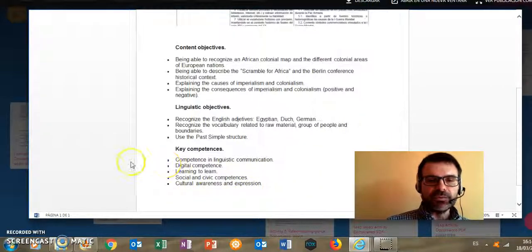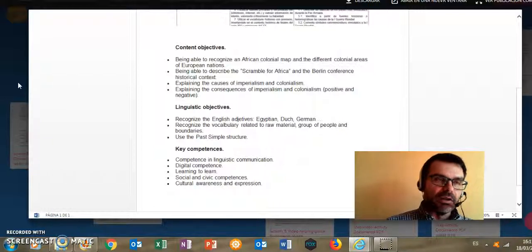About the key competencies, obviously competencies in linguistic communication, digital competence, of course, because we use digital tools. Learning to learn, social and civics competencies are very important in this lesson because we will talk about some atrocities. African and European history is sometimes a little bit complicated.